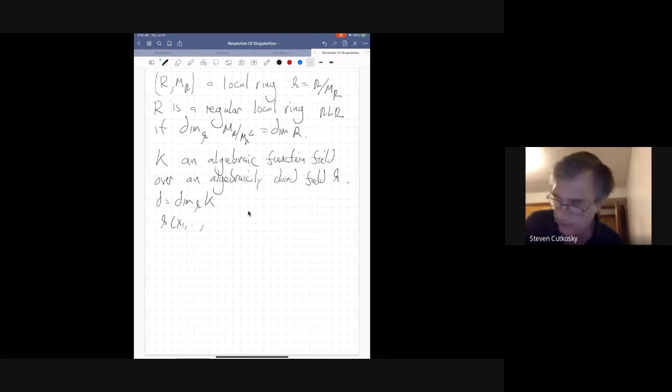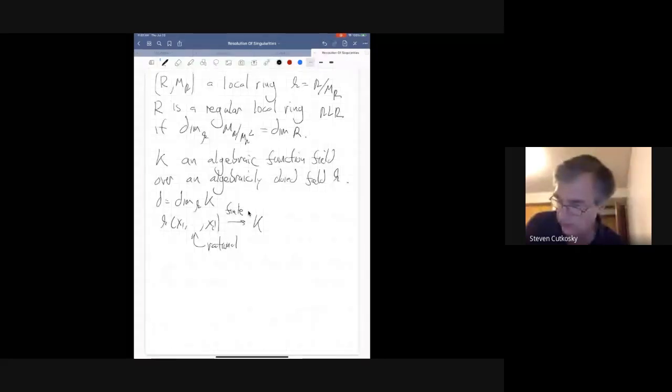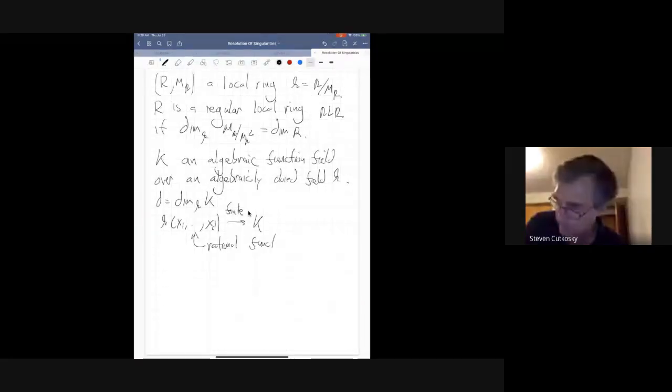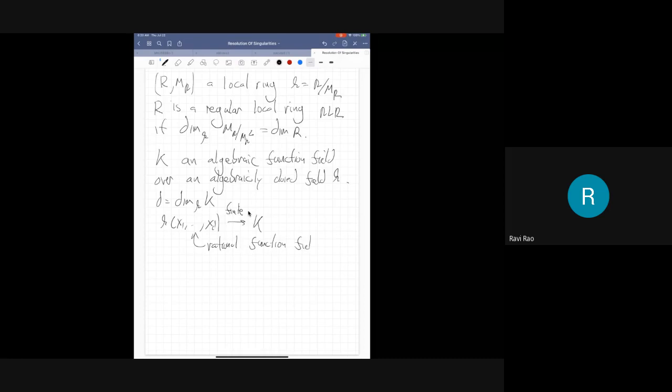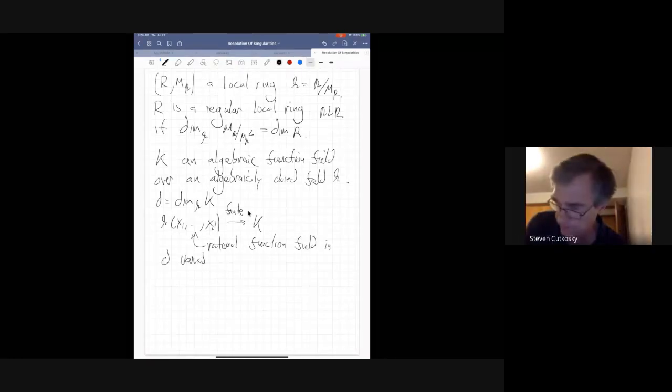Every algebraic function field has an expression like this, where this is a rational function field in d variables. And this d is well defined whenever you have this representation.